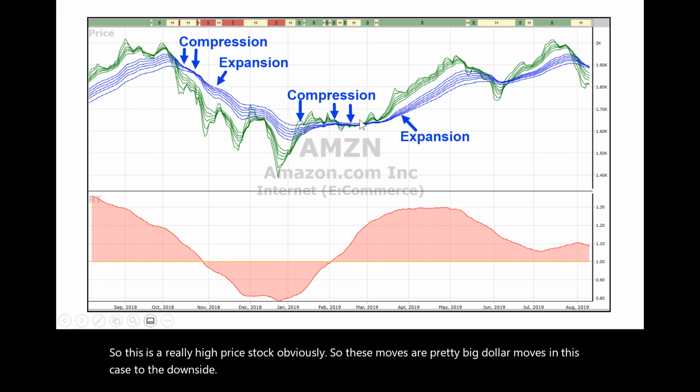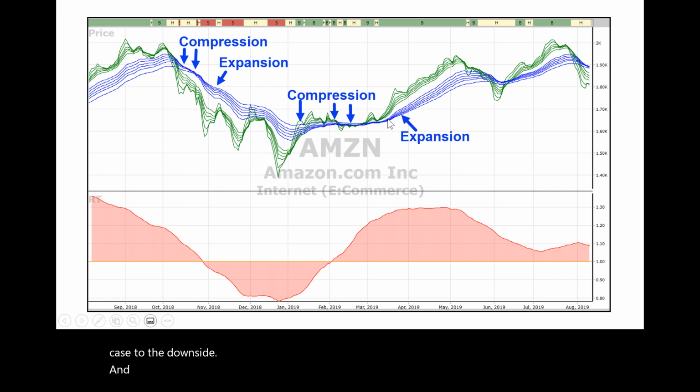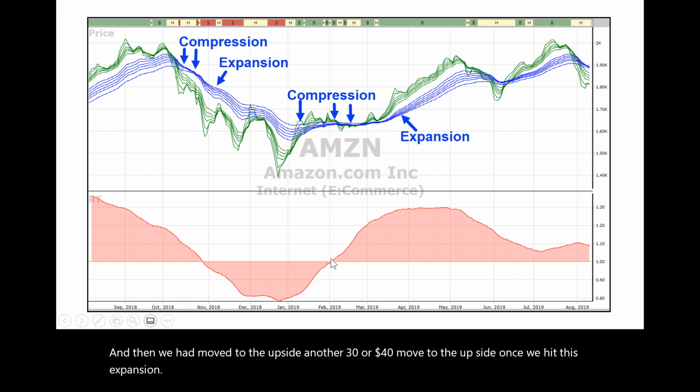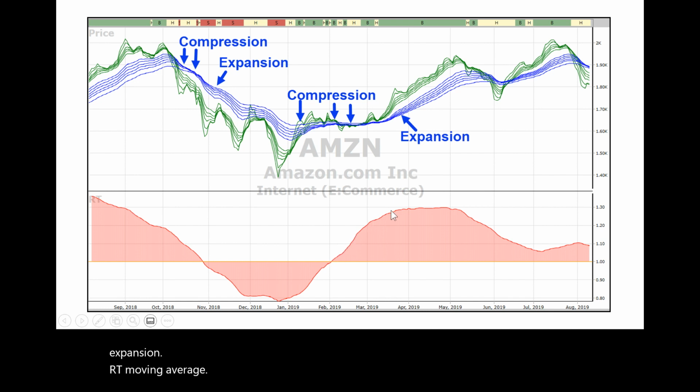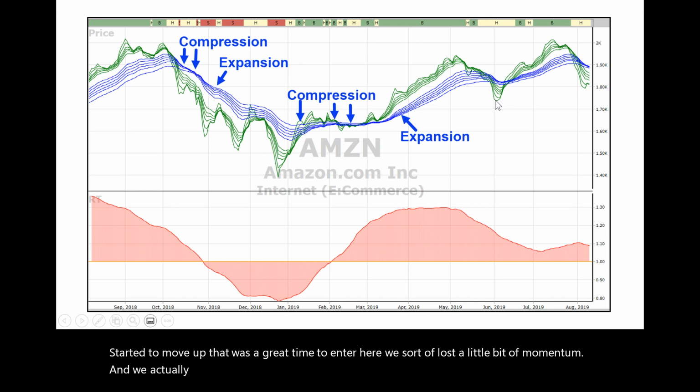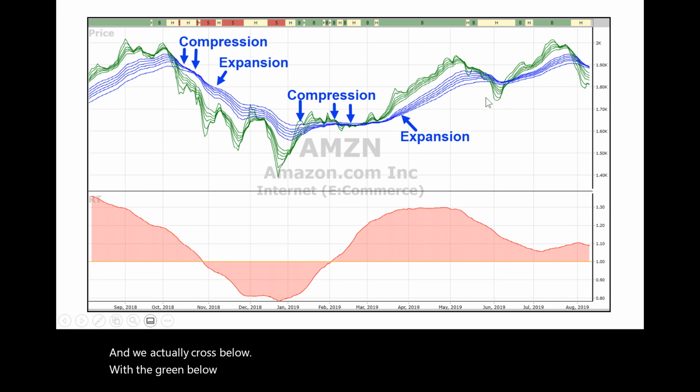Then we had compression, and then we had a move to the upside, another $30 or $40 move to the upside once we hit this expansion. Once the RT moving average started to move up, that was a great time to enter. Here we sort of lost a little bit of momentum, and we actually crossed below with the green below the blue here. Definitely an exit point right there.